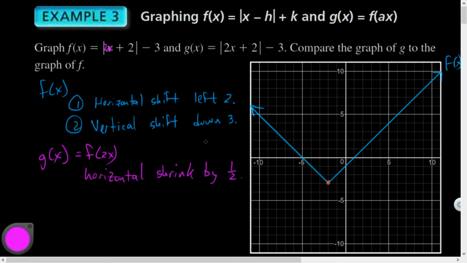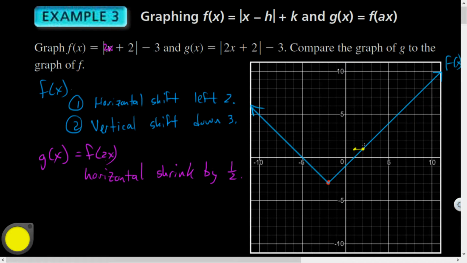So what I'm doing here in this problem is I'm pretending my parent function was f of x, this blue graph that I have here. And so if I want to do a horizontal shrink by 1/2, notice this point here has an x coordinate of 2, and 1/2 of 2 is what? Is 1.